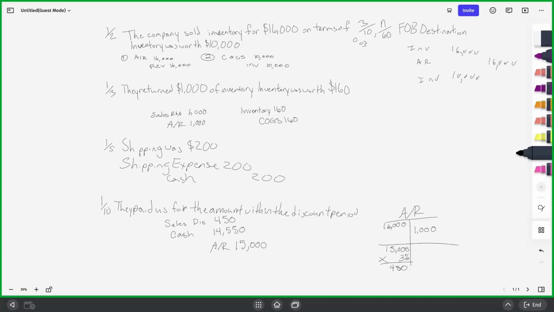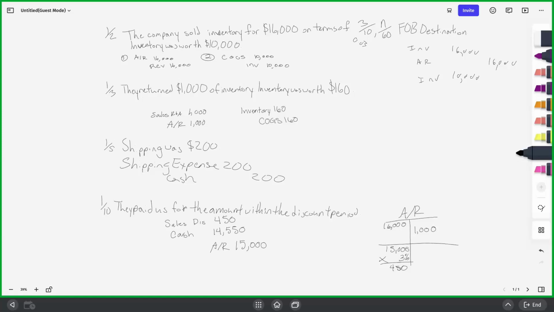But yeah, this is what would be expected of you for your tests or any of the homework assignments. This is all the journal entries you would have to worry about. You've got your accounts receivable and revenue. On the homework, it will say sales, while on the test it can be revenue.